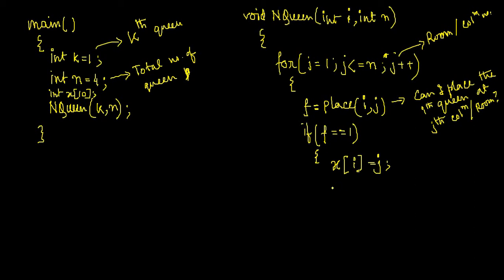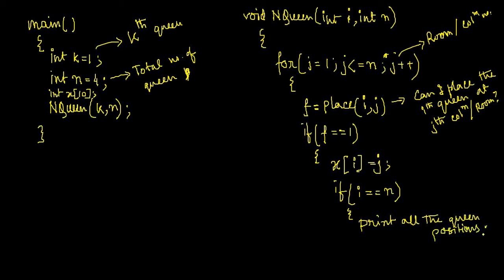So here you can keep a condition that if i is equal to n, that it was the fourth queen that I have just placed, that means nothing more to do. That means you will print all the queen positions.